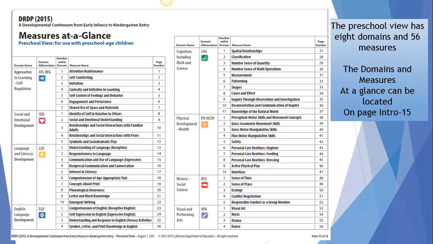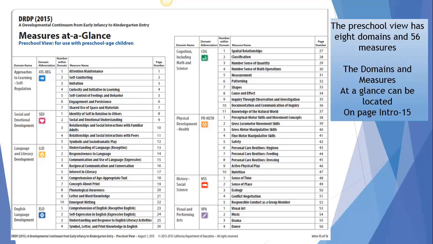Okay? So how many different developmental domains are represented in the preschool view of the DRDP? 8, right? Approaches to learning and self-regulation, social and emotional development, language and literacy development, English language development, cognition including math and science, physical development, history and social science, and visual and performing arts.